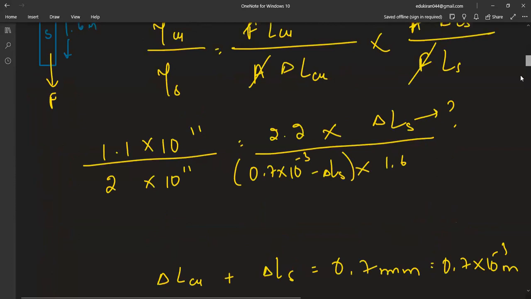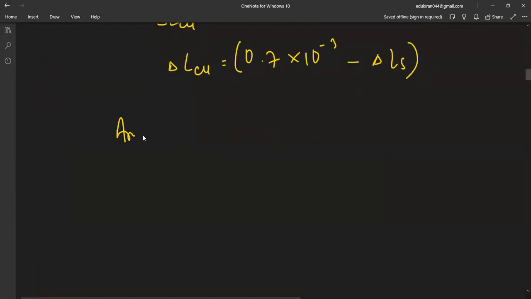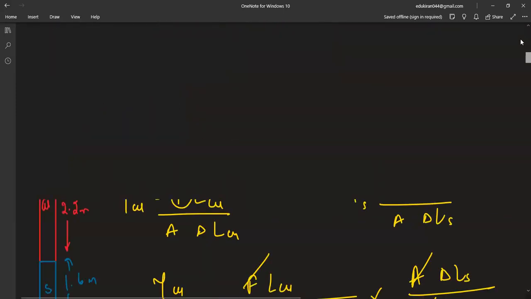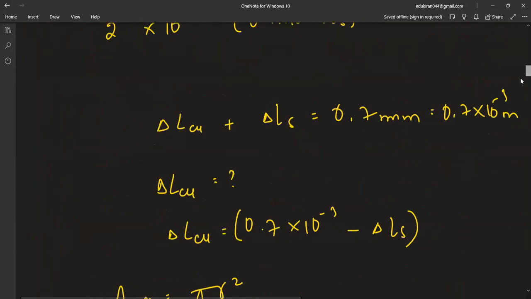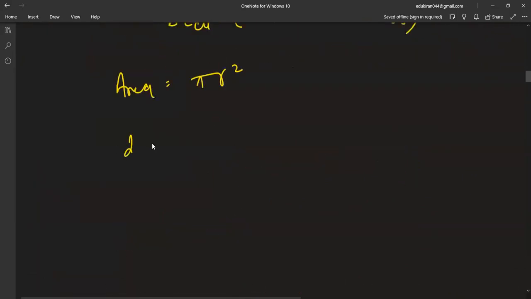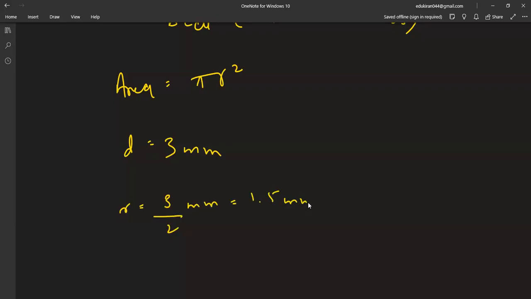Just remember one more thing when you are calculating the area: for area, it is pi r square. The diameter given to you is 3 millimeters, so the radius will be 3 by 2, which is 1.5 millimeters. When finally substituting, this will be 1.5 into 10 to the power minus 3 meters.